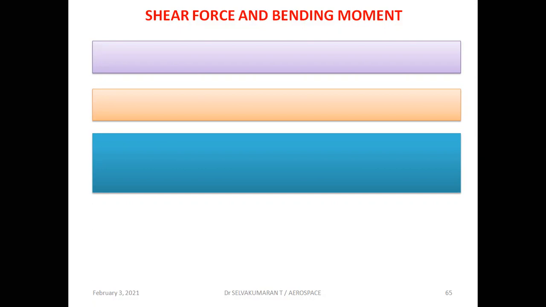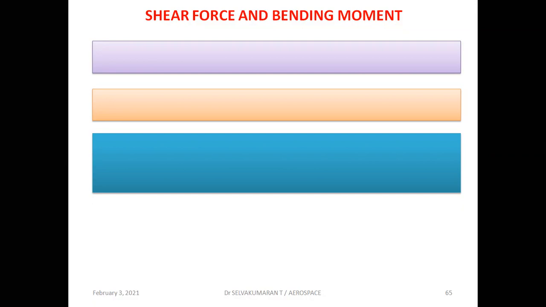So along the span or length of the beam, shear force and bending moments are set up. That is, shear force values change along the length of the beam, and bending moment values also change along the length of the beam, depending on the magnitude and type of load acting on your beam.